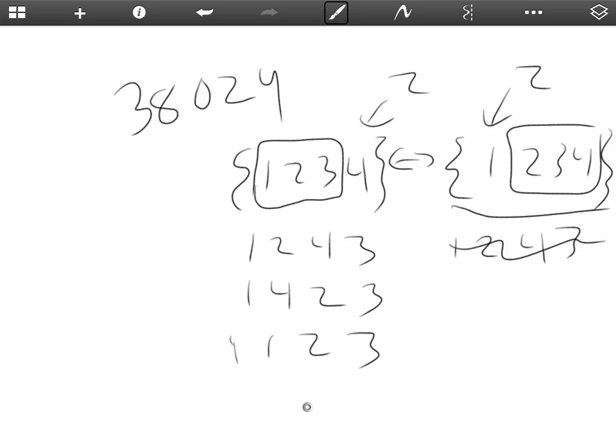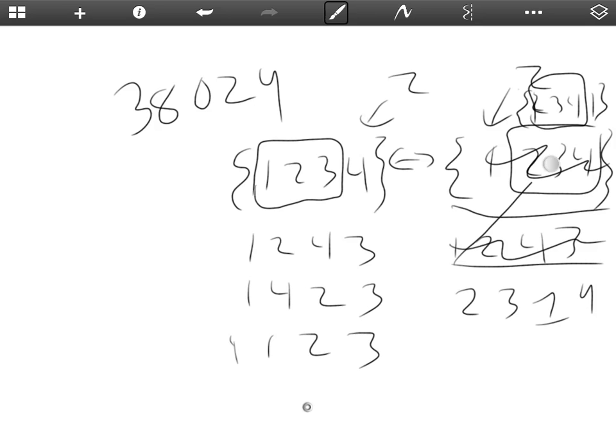So let's actually do it as the set of 2, 3, 4, and 1, rather than that, because that was really confusing. So 2, 3, and 4, and 1 goes to, it also goes to 2, 3, 1, and 4, as well as 2, 1, 3, and 4, and 1, 2, 3, and 4. Here's the 2, 3, 4, and 1.